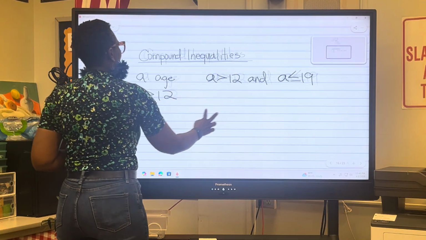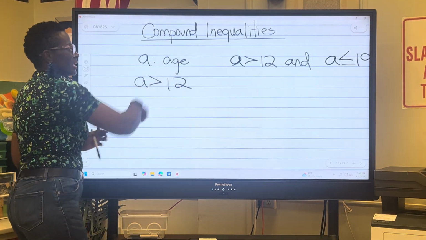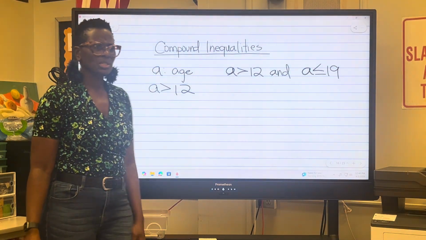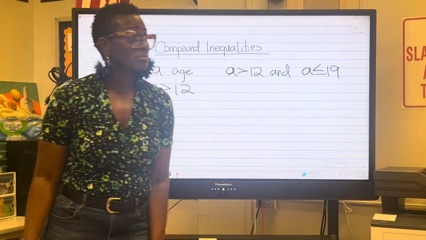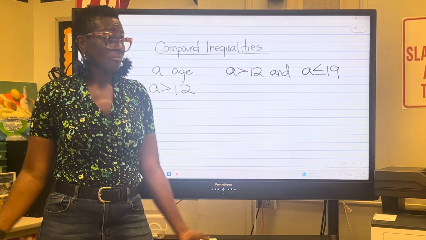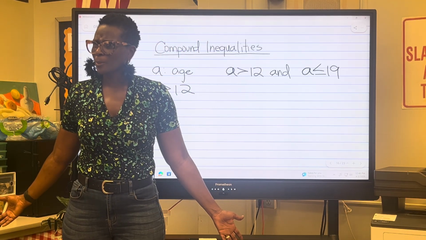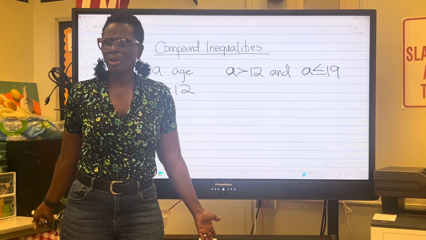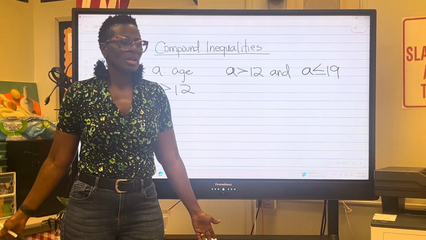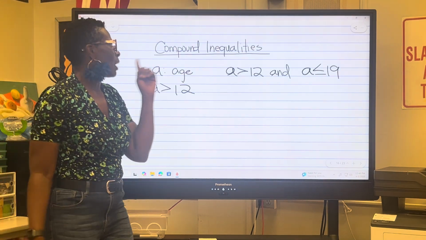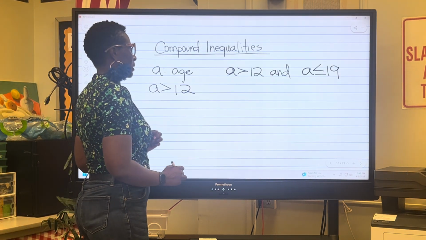What is the difference between inequalities and compound inequalities? There are two restrictions, two constraints. Is everybody following me? Now watch this. How do I write this?